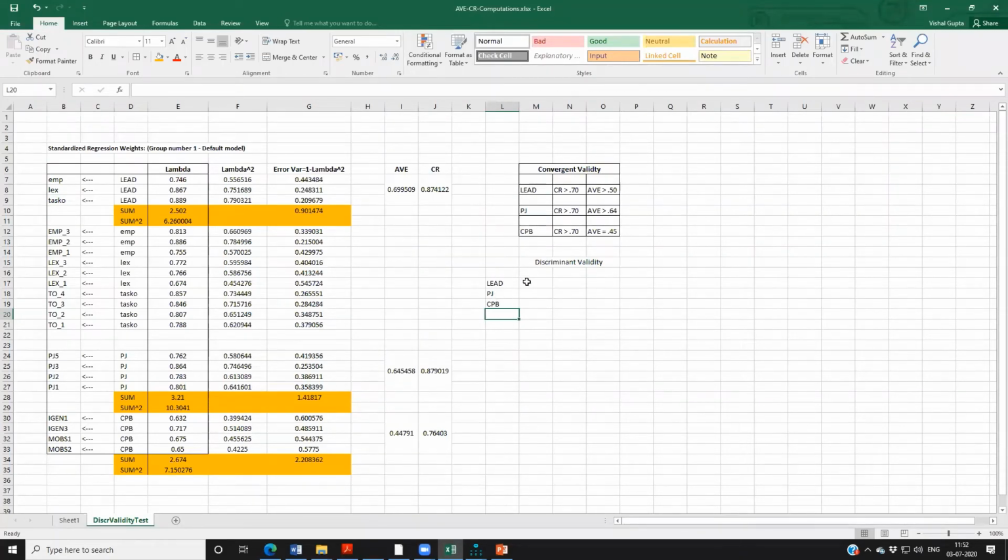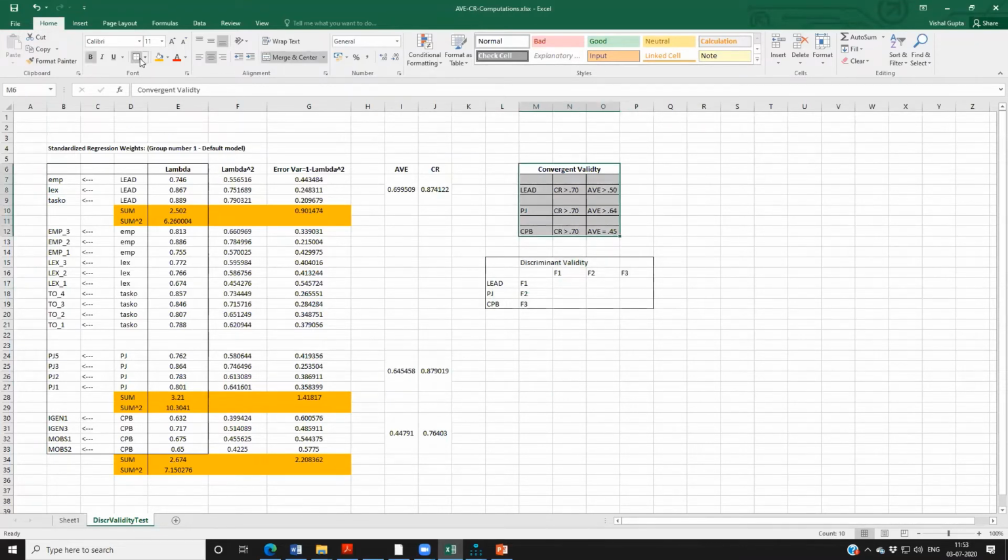So this is our factor 1, factor 2, and factor 3. And similarly here also, we call this F1, F2, and F3, right? So this is all that we have for convergent validity.